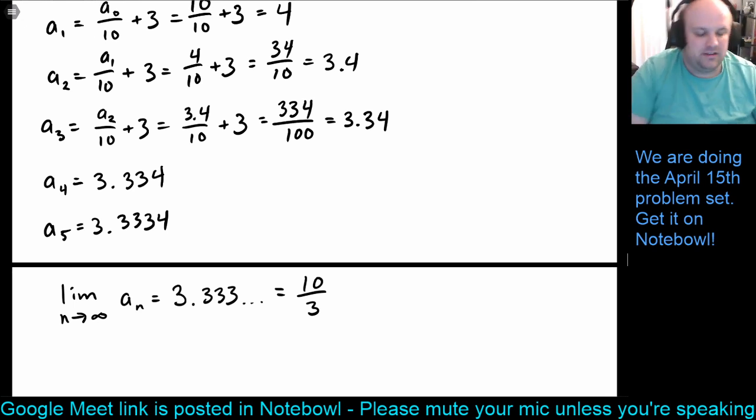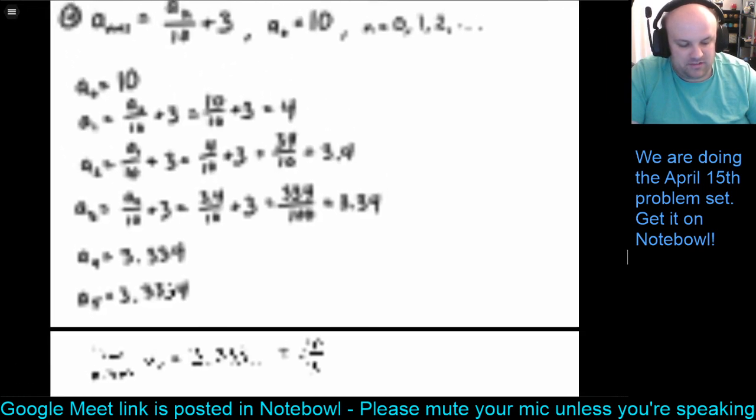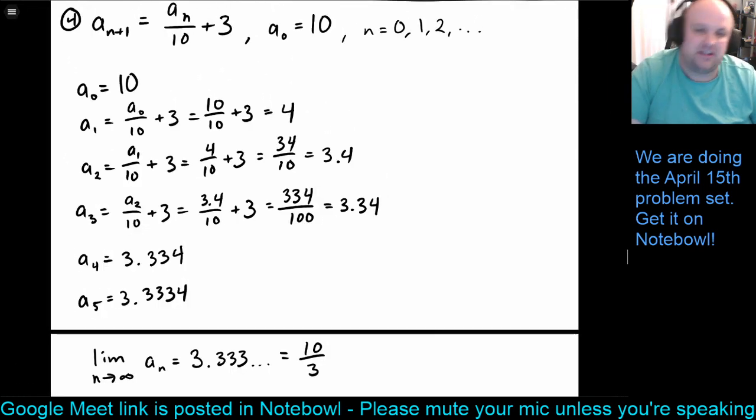So, since we're at 120, there's the Mathematica document for this that shows you how to graph a recurrence relation. I suggest you pull that up and look at it and see if you can figure out that this sequence is converging to 10/3. It gets really close to it really quickly.